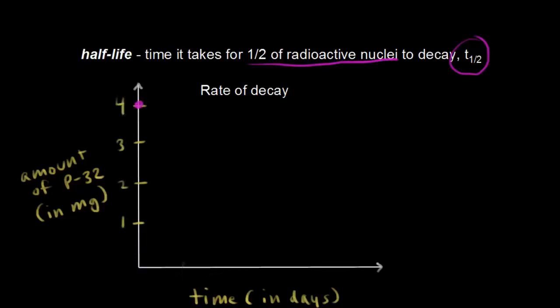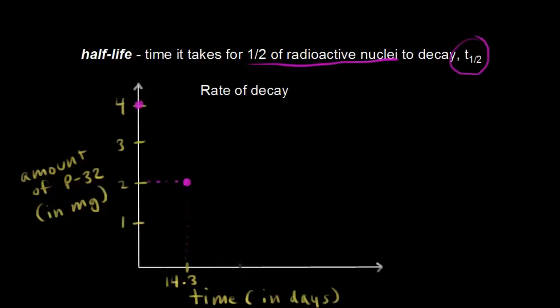So we wait 14.3 days. So this is 14.3 days, and half of our sample should be left. So what's half of 4? It's of course 2. And so we can go ahead and graph our next data point. So there should be 2 milligrams left after 14.3 days. So that's our point. All right, we wait another 14.3 days.